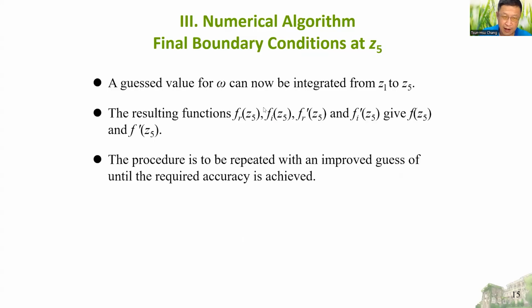Initial at the left-hand side, final at the right-hand side. A guess value for omega can now be integrated from Z1 to Z2 using Runge-Kutta. The resulting functions fr, fi, fr prime, fi prime at the end give the complex f and f prime.